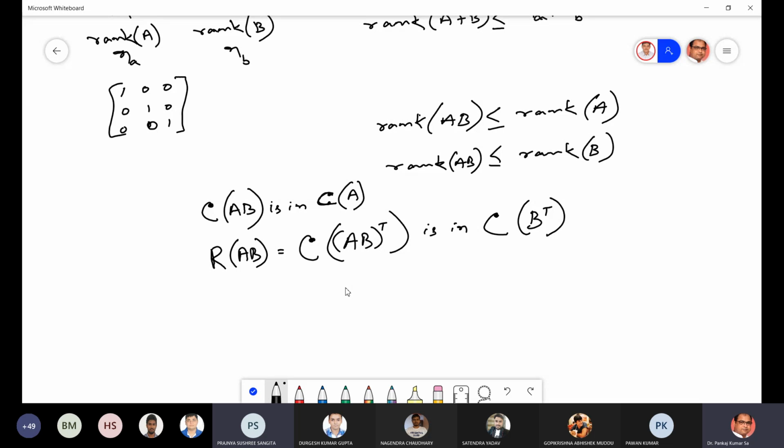For that, this statement and this statement both are the same. Do you find any difference between these two statements? And similarly, this statement and this statement.